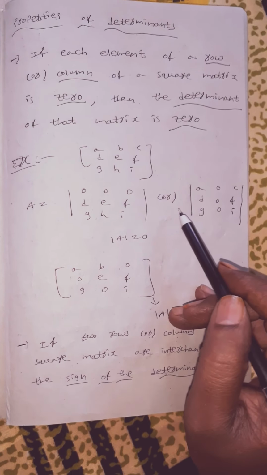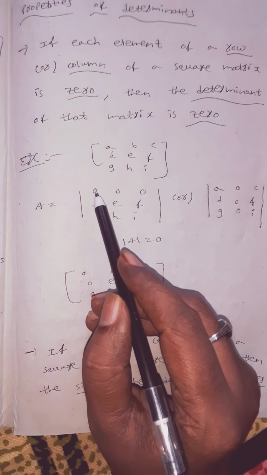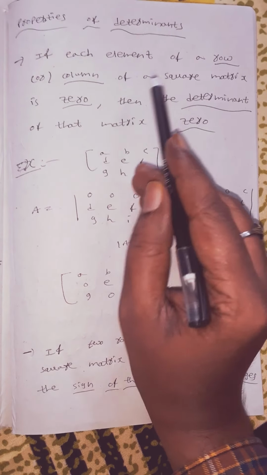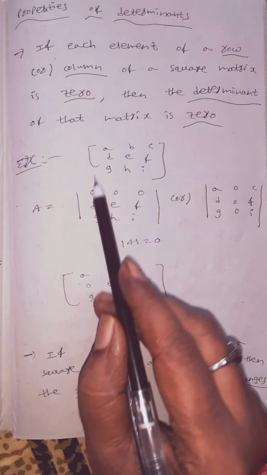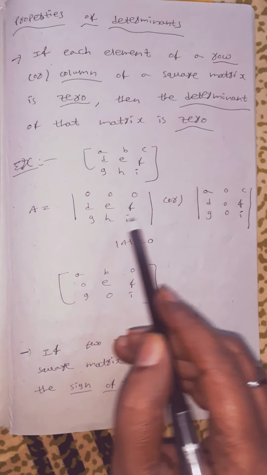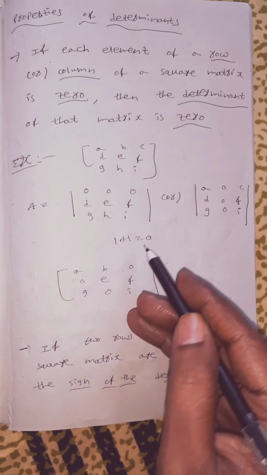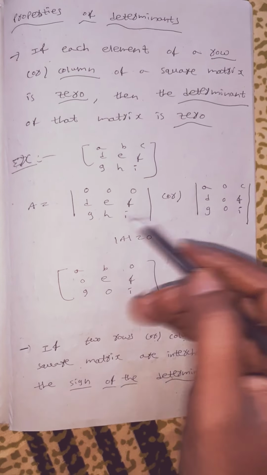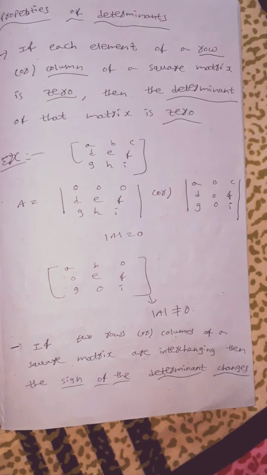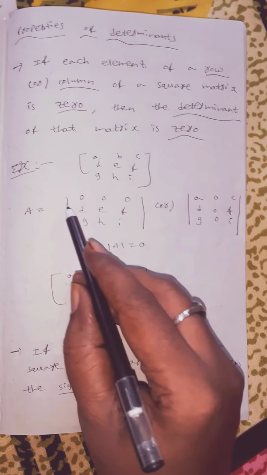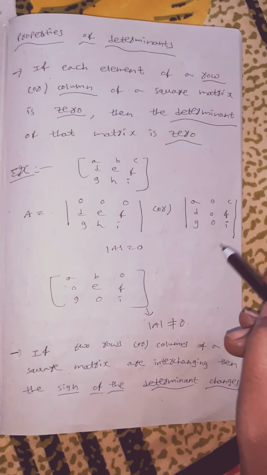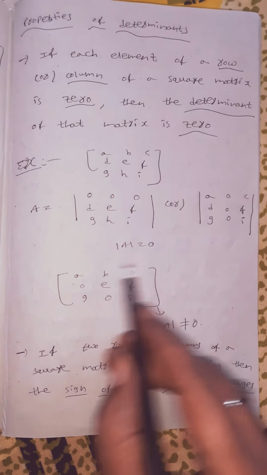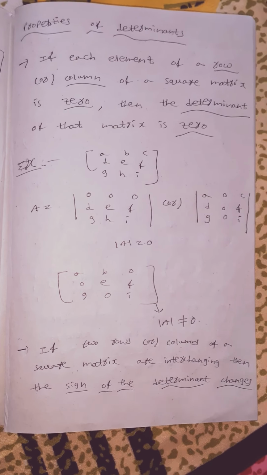I have taken the first row as 0. Either it may be a row of 0 or a column of 0. If I want to find this determinant, it will come directly 0. Why? Because 0 into anything is again 0, so directly we can write. Here I have taken a row as 0, here a column as 0. So the entire determinant is 0. If you are taking it otherwise, the determinant is not equal to 0.